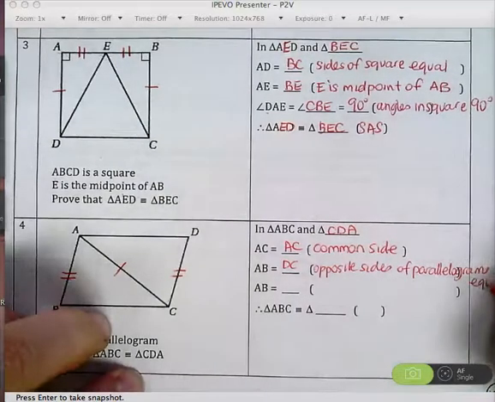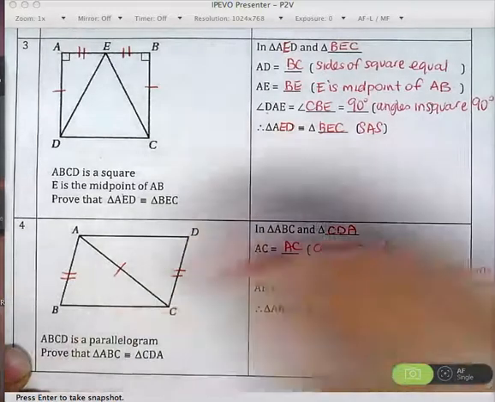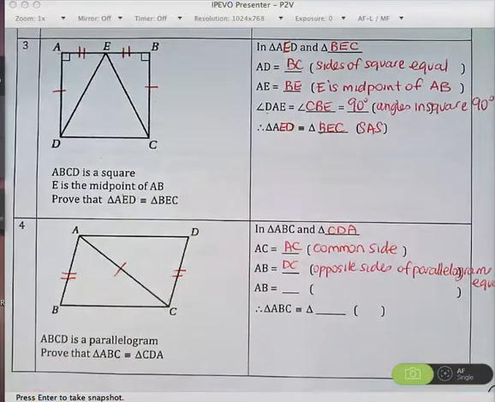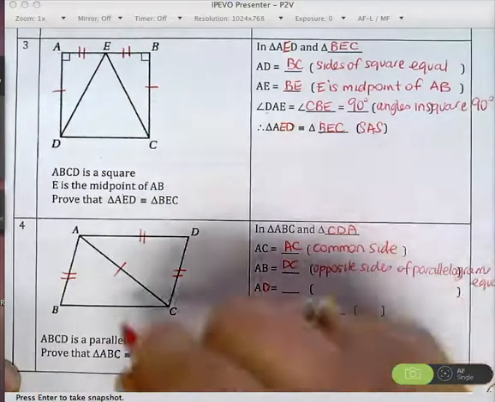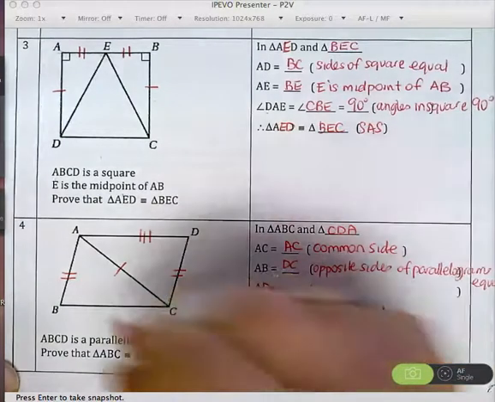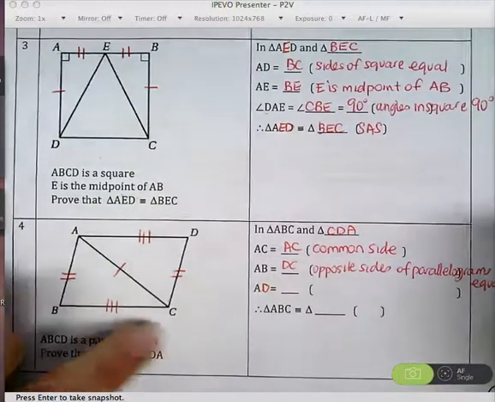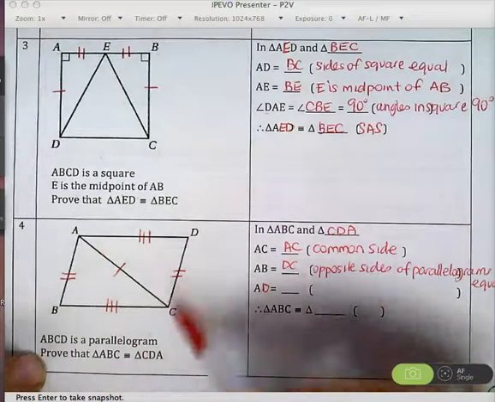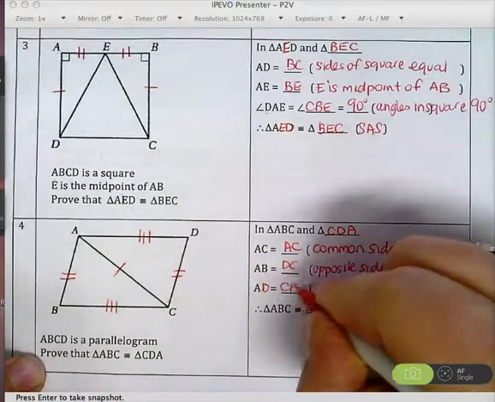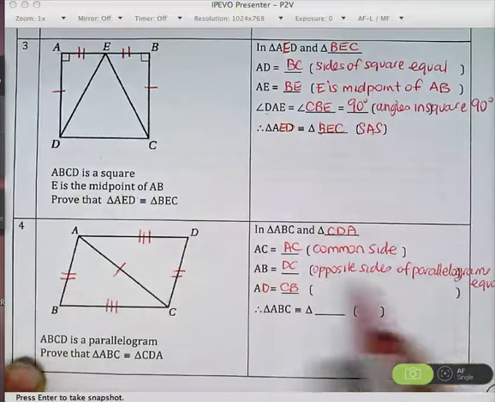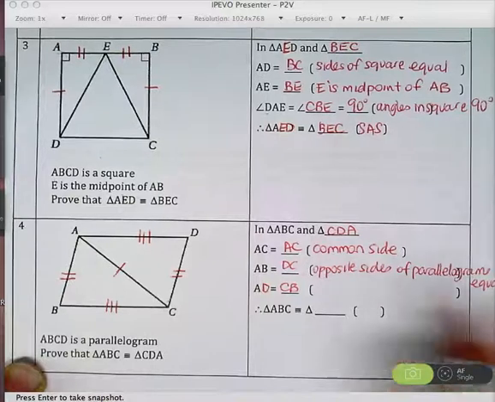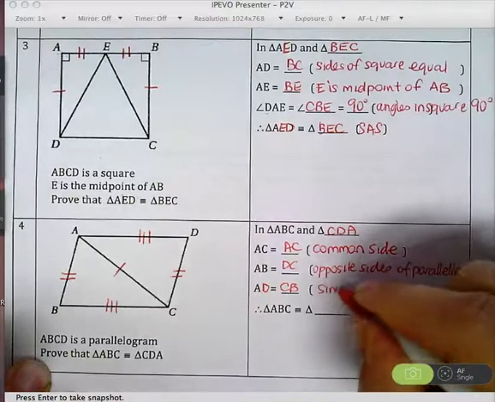Okay, I'll put equal. We also know, sorry, there's a little mistake in this one as well. I'll just fix that up. So we also know that AD in this triangle, I'm going to do that with a triple dash, equals BC in this bottom triangle. So AD equals, I'll put CB to get it in the right order. Again, because it's the same reason as the line above, you can just say similarly.